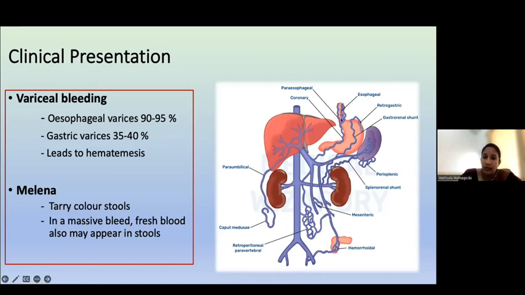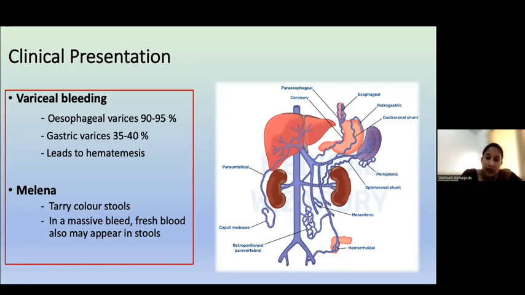So there can be dilated vessels in the lower part of the esophagus, in the stomach fundus. Sometimes it could be in your umbilical vein, causing dilatation of the umbilical vessels, causing caput medusae. Sometimes it can be in the rectum, and if the child has a stoma, you will see this dilatation around the stoma as well.